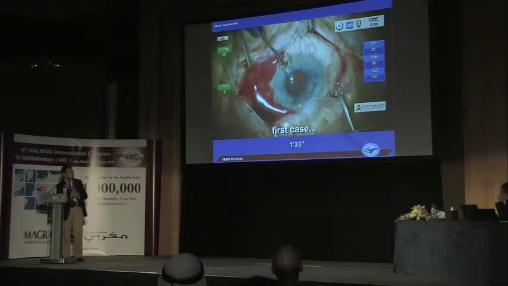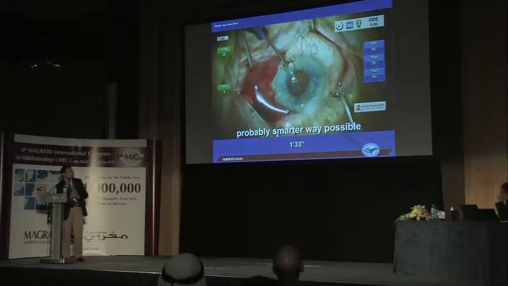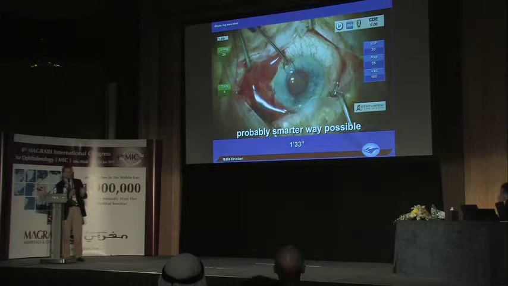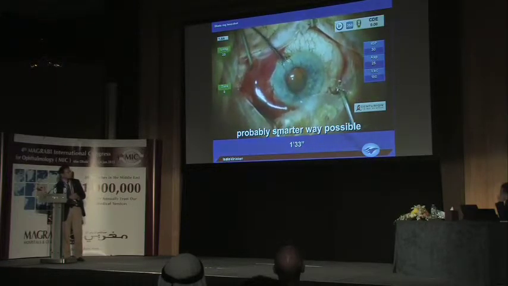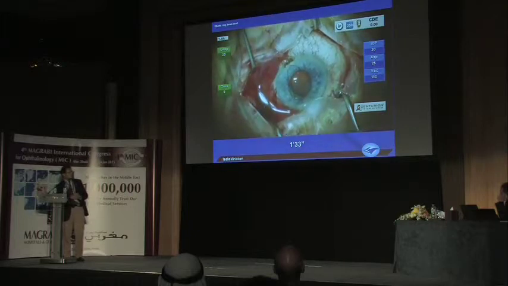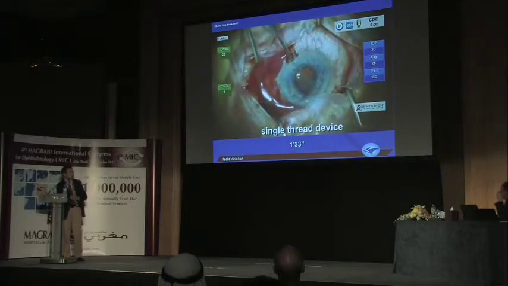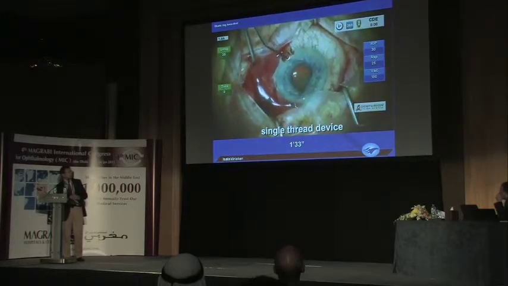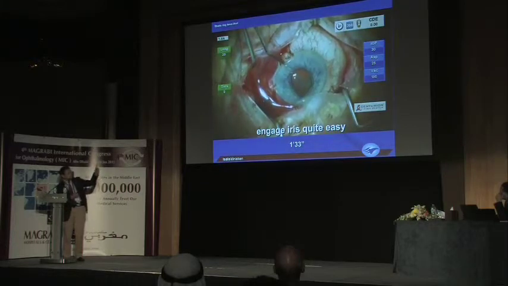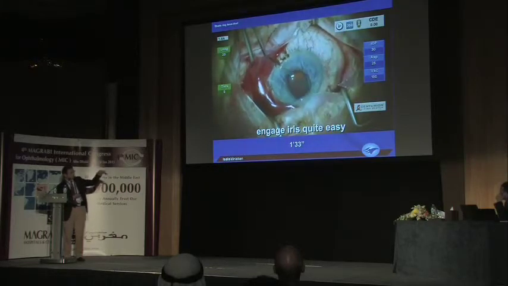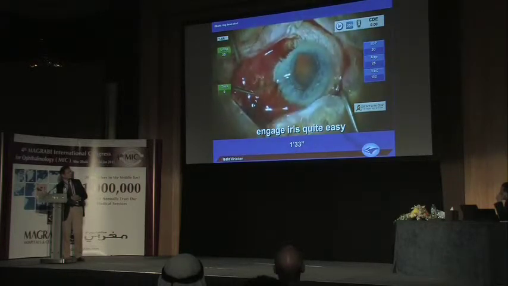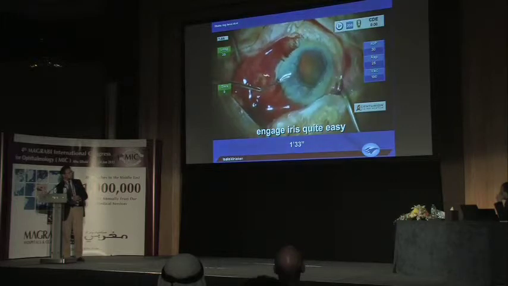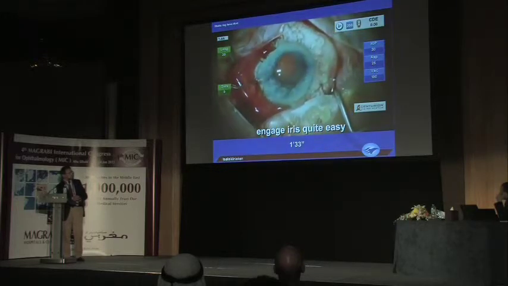And this is actually my first case. So I had no experience whatsoever with this ring. So probably you can do it a little bit faster and easier, but I haven't figured it out yet. So this is a single thread where it undulates, and engaging the iris is not very difficult. Quite straightforward.